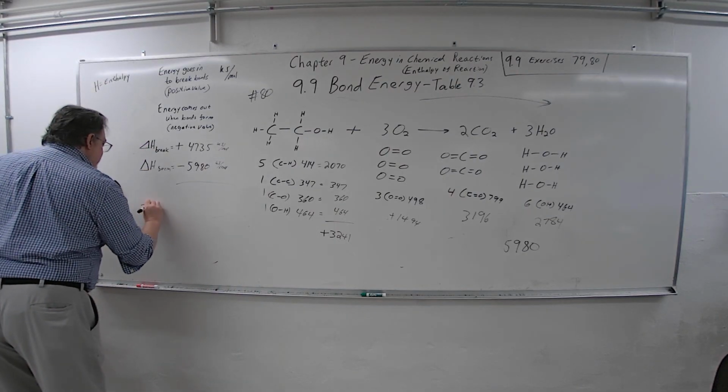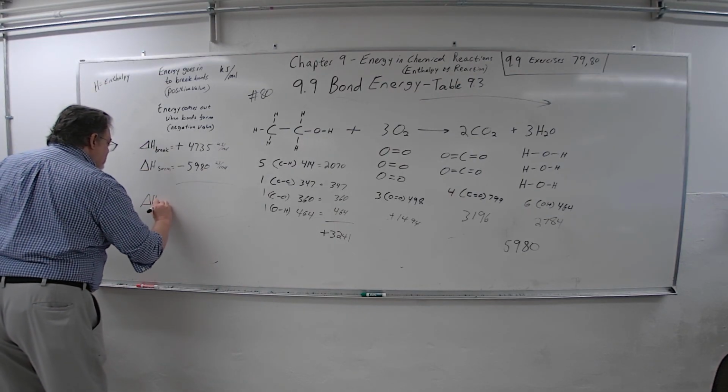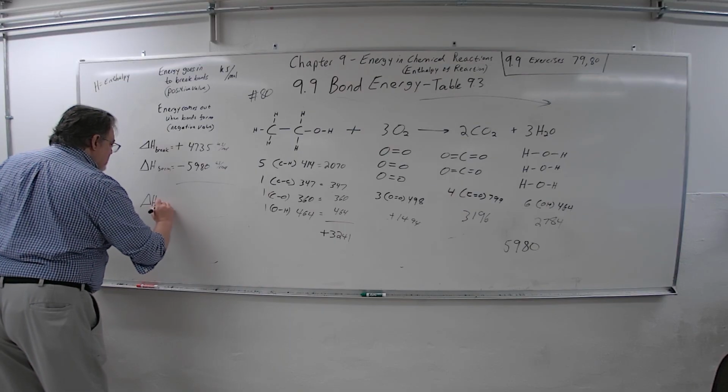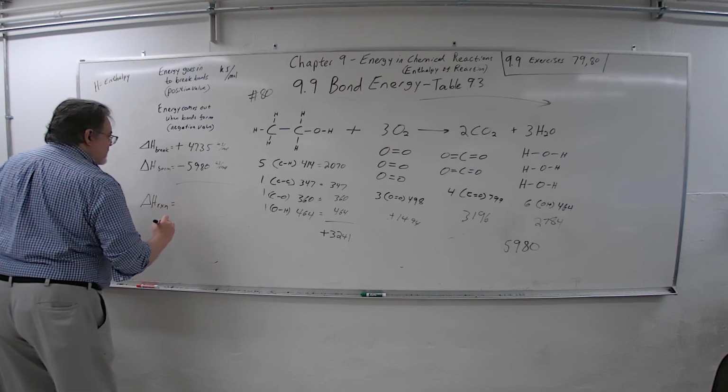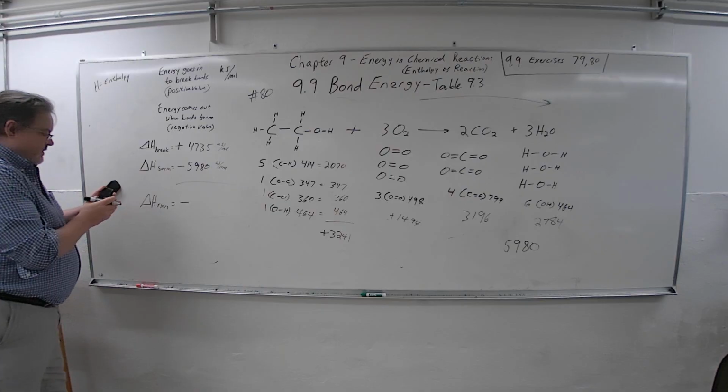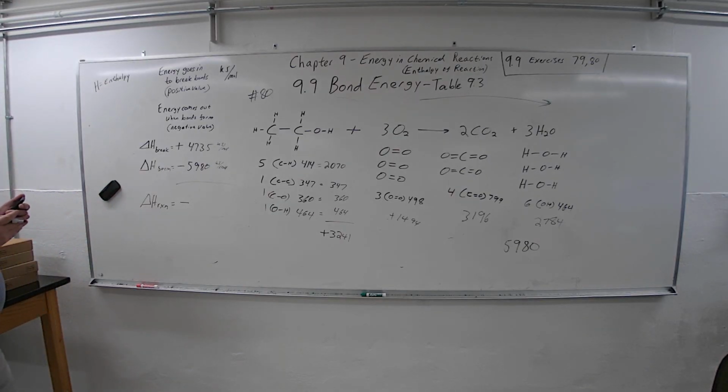So our delta H for this reaction is going to be negative 4735.